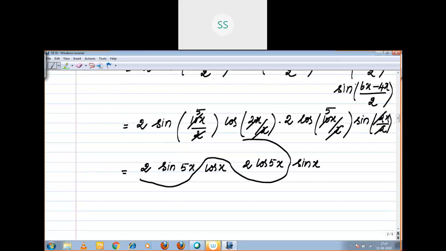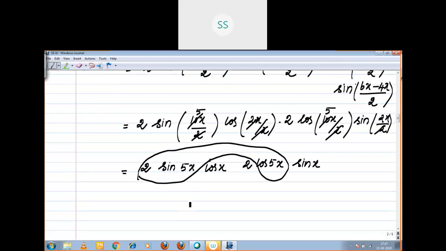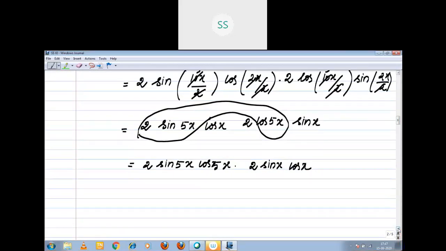See, 2 sin 5x cos 5x into 2 sin x cos x. Just I am grouping, that's it, right? Because multiplication won't be affected, right?